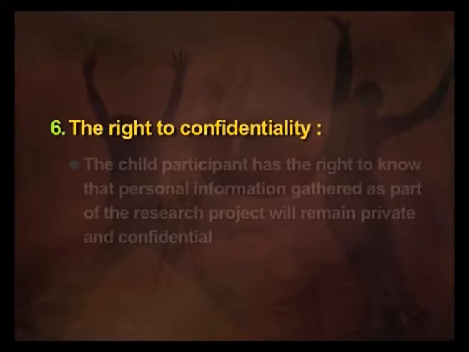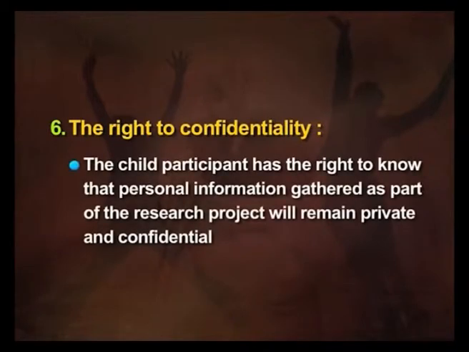Sixth is the right to confidentiality. The child participant has the right to know that personal information gathered as part of the research project will remain private and confidential. Seventh, the right to full compensation.